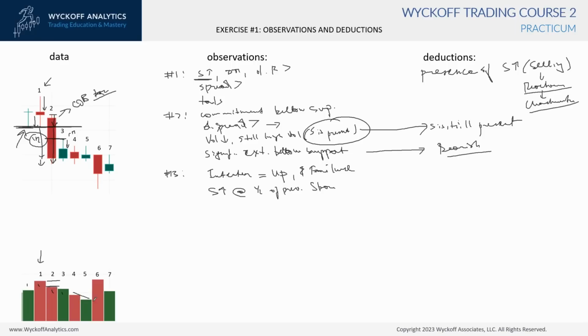If anything, 4 and 5 have that decrease in the volume signature, but the first 4 bars are relatively of the same magnitude for the volume. So therefore, we are going to say that volume is high still, and that leads us to the conclusion that supply is still present.